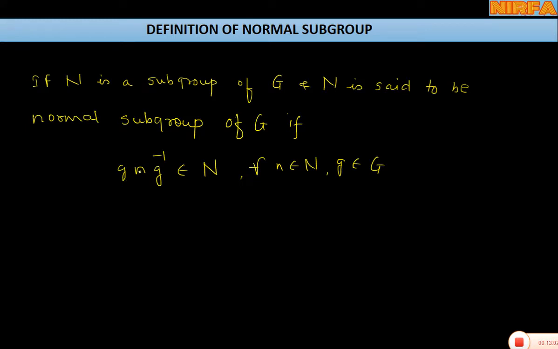You take any element from the capital N denoted by small n, and then the inverse of this element g multiplied from the right, and the product of all these three elements will become a member of N. Then only this N is called a normal subgroup of G.